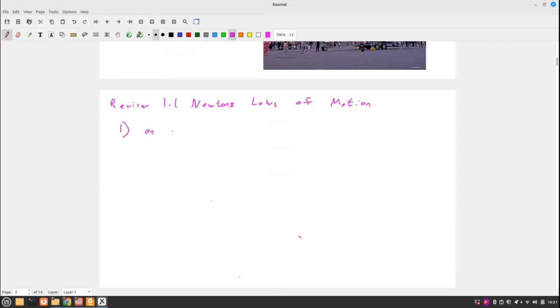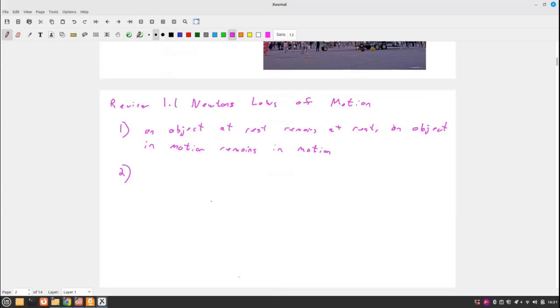So an object at rest remains at rest, an object in motion remains in motion.